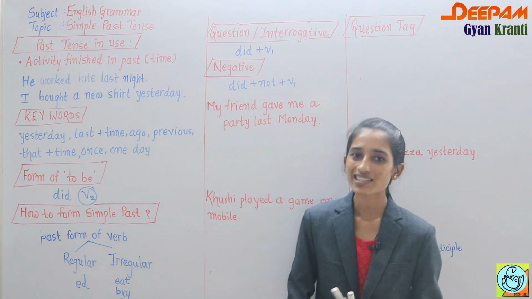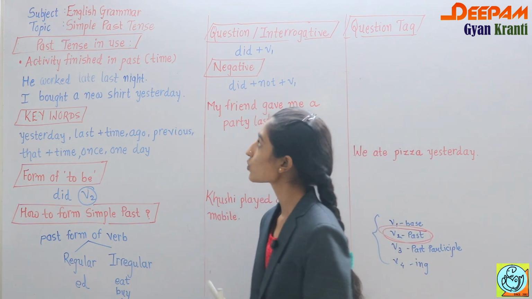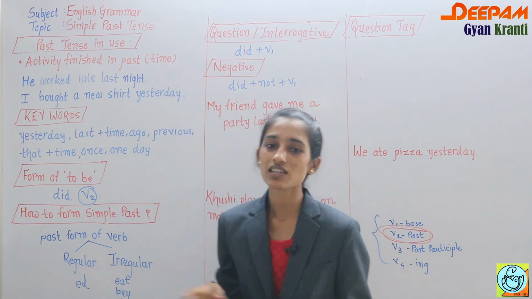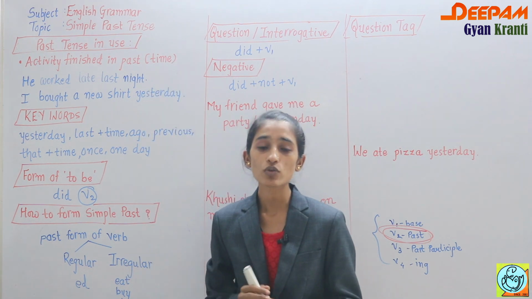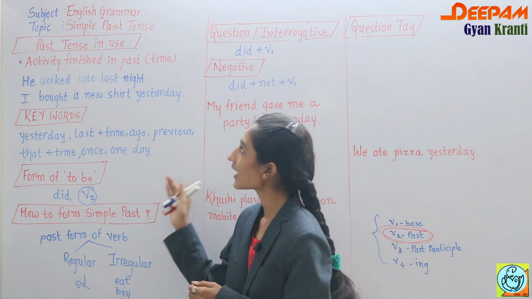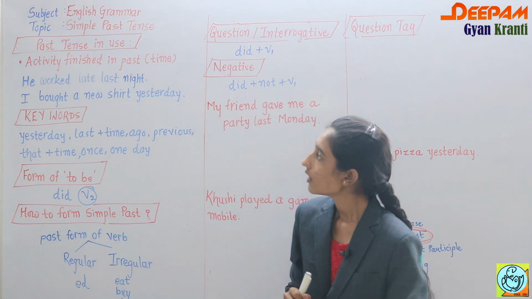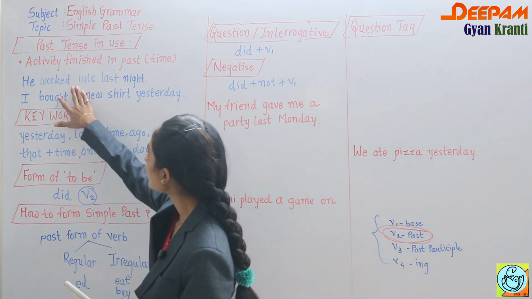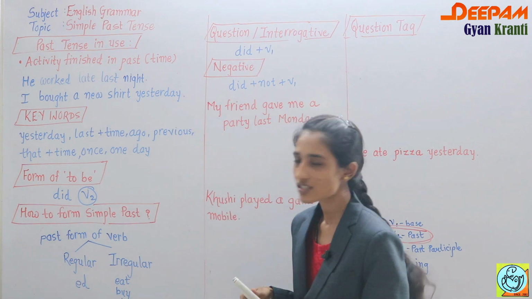First of all we will discuss how we use past tense. We use it for an activity finished in the past, and if you want to show a specific time in the past, we use past tense. I have two examples here. I worked late last night.